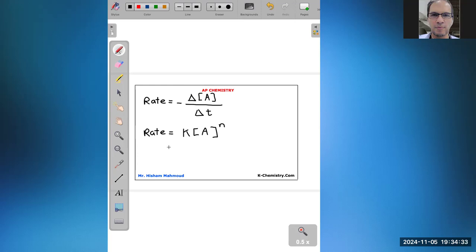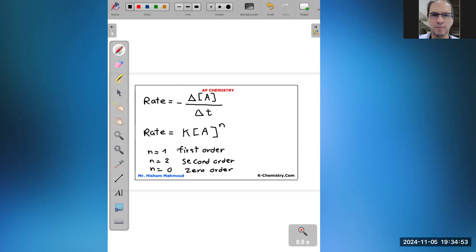So in case N is equal to 1, this means that the reaction is first order. And in case N is equal to 2, then it is second order. If N is equal to 0, it is zero order.